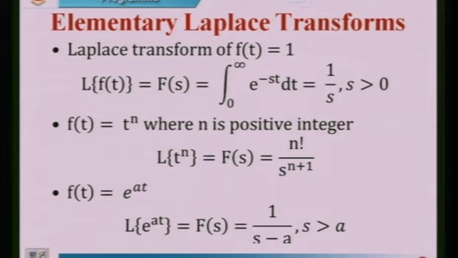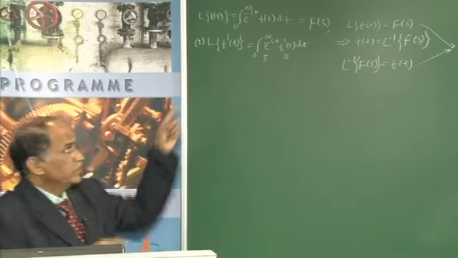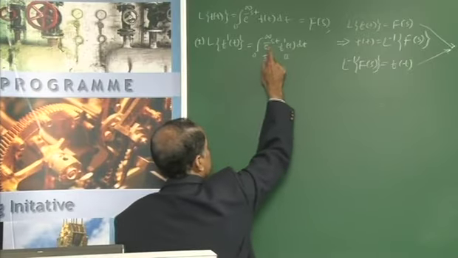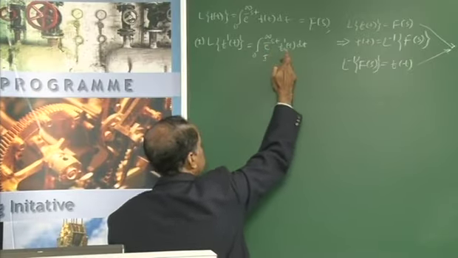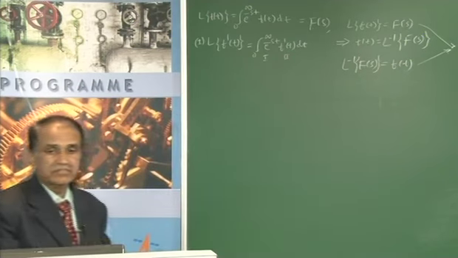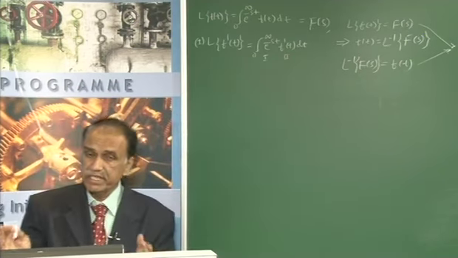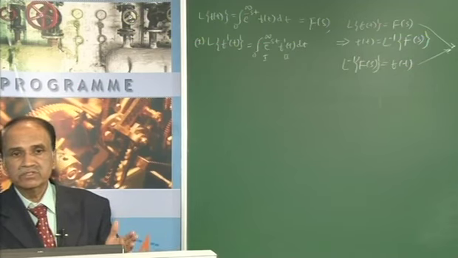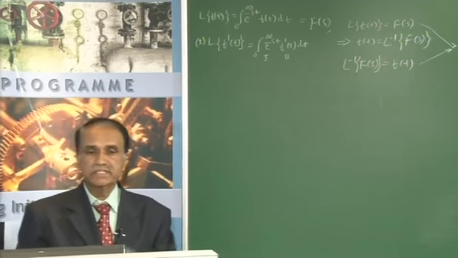Then why select the first term as algebraic and the second term as exponential? But in this case we are going to select exponential as the first term, and f dash of t, which is not algebraic but a derivative, as the second term.